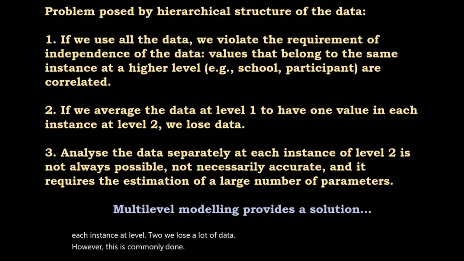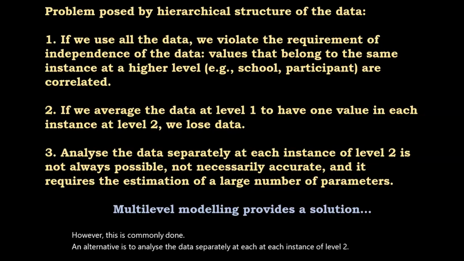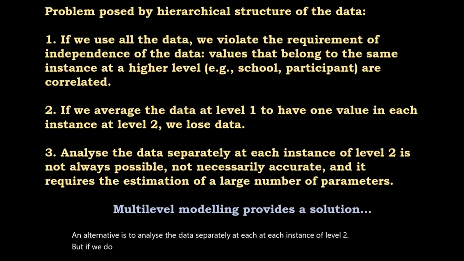An alternative is to analyze the data separately at each instance of level 2. But if we do that, in some cases this is not possible. It's not necessarily what we want to analyze. And also it requires the estimation of a large number of parameters.